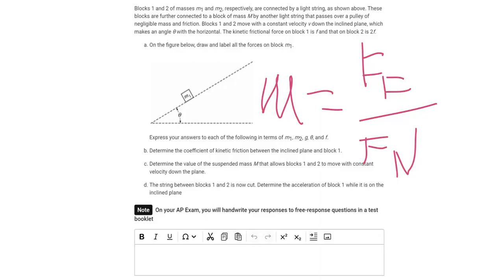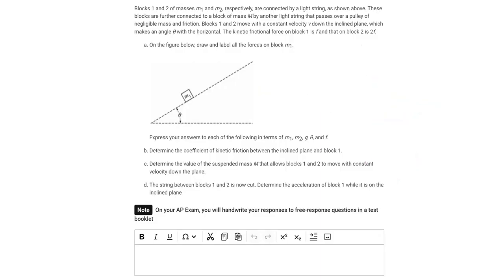So we substitute friction to equal F, and the normal force is m1g cosine theta, and this ends up with F over m1g cosine theta. And then by plugging in the values, we see that is what mu is as the answer.